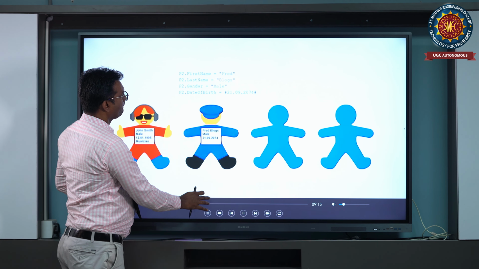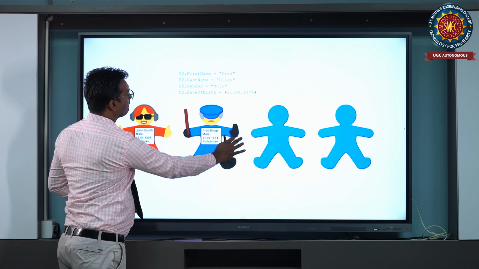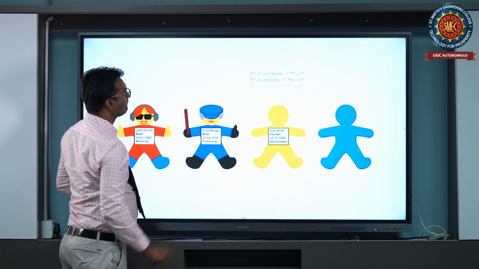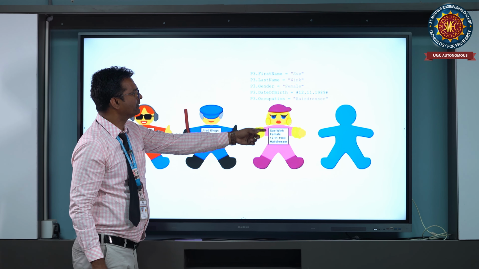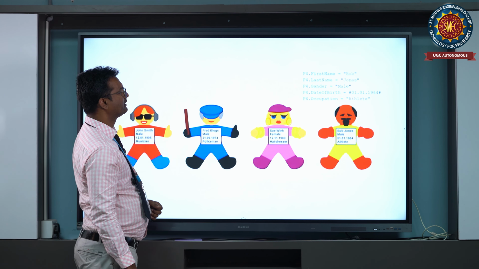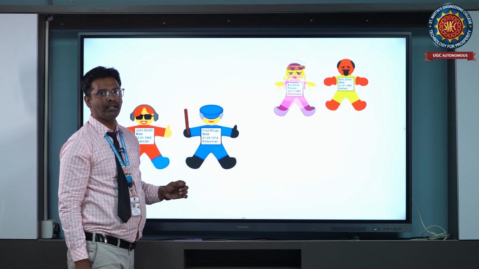See this object's properties, and next, this object's properties. Like this, we are able to create one class and objects.